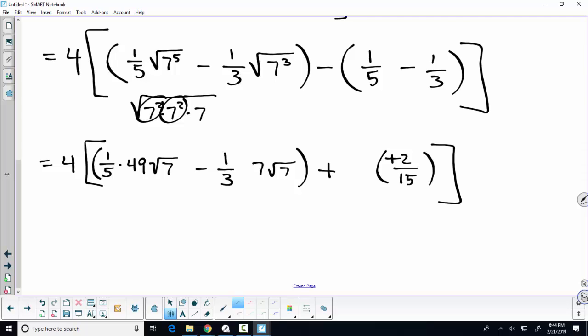Unfortunately, the 4 out front's not going to help with any simplifying any of that, so I'm stuck. Yeah, so we can get them all over 15.